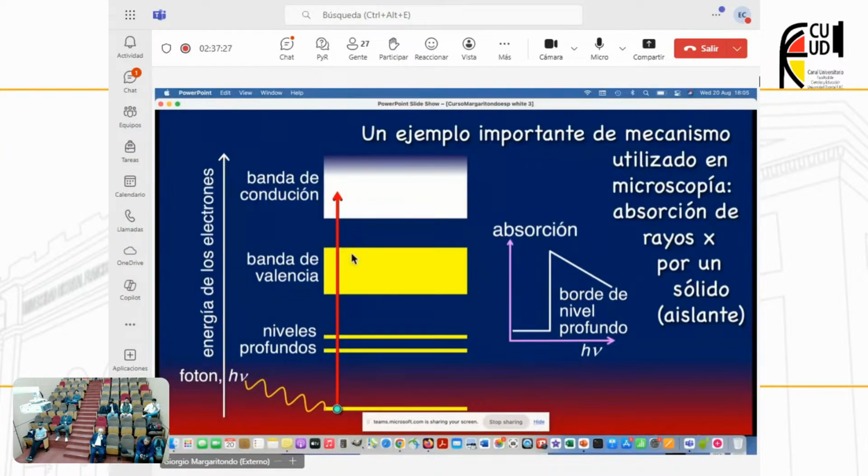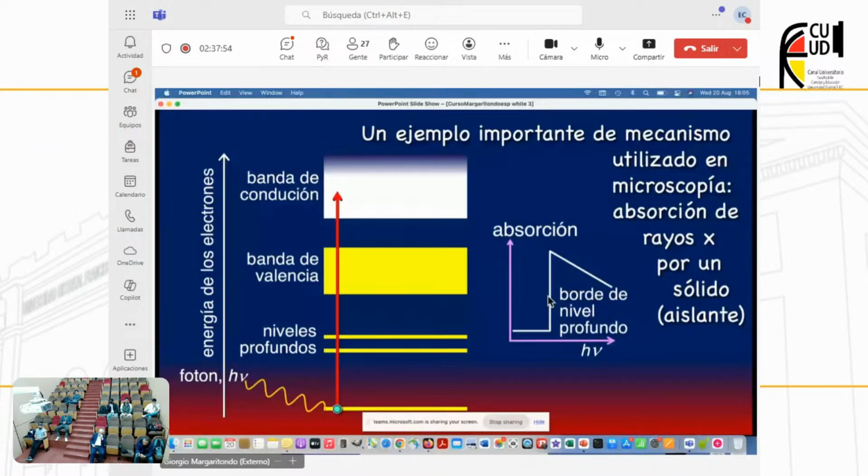If the energy is like this, the electron cannot make a transition, cannot absorb X-rays because there is no final state. And so we start to have absorption when the energies are above this bottom of the conduction band. And so there will be an edge here in the absorption as a function of photon energy.